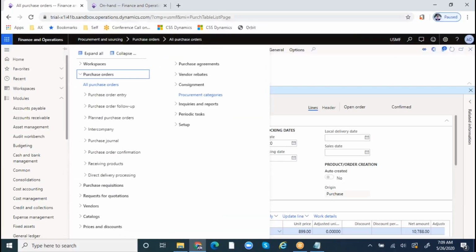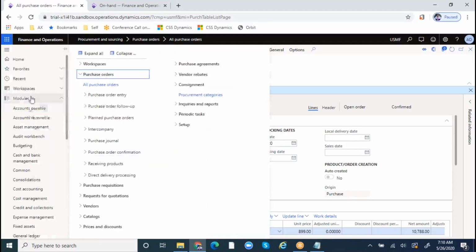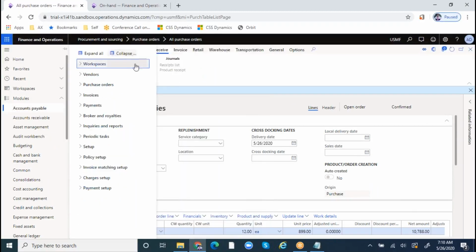I think everyone has attended earlier. This is the application with the link, with username and password. You can open this form. Once it is opened, you will find the modules here. For finance, we are discussing the accounts payable module. Click on collapse all.